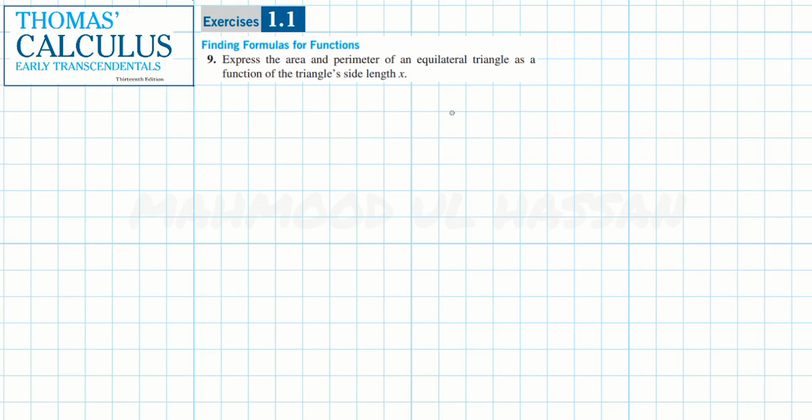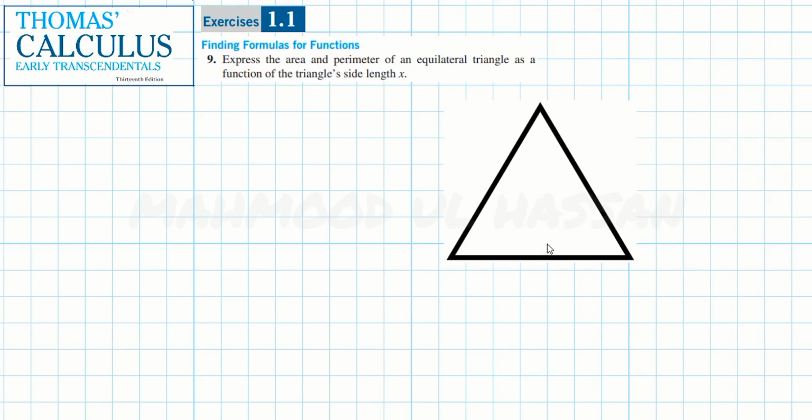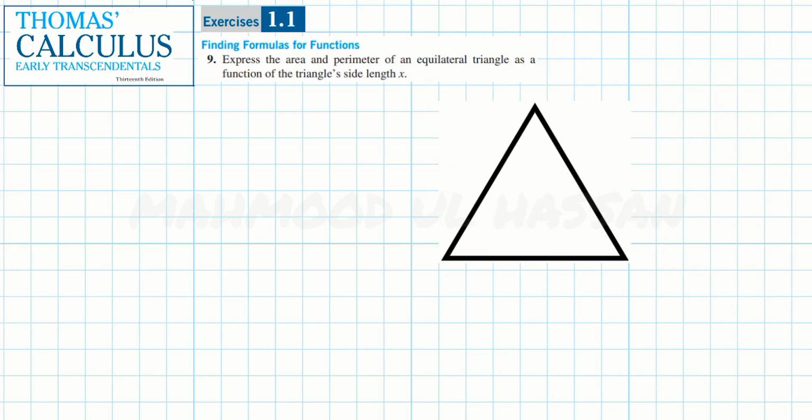Okay, so what is an equilateral triangle? An equilateral triangle is a triangle in which all the three sides are equal in length. So let the length of this side, the length of the base, be x.